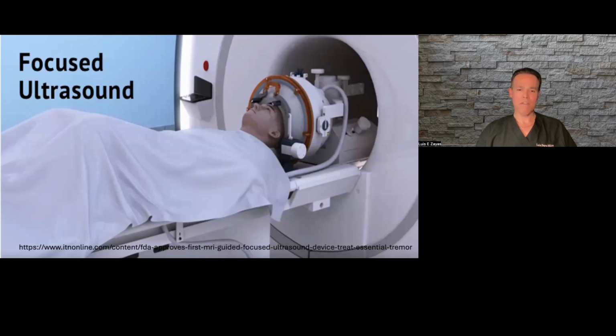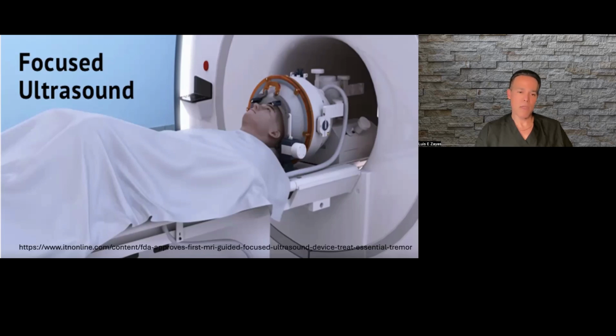And I have only a few patients with this procedure, and 2 of them are doing pretty well. And the other 2 ended up having deep brain stimulation anyway. So the side effects would be paresthesias, imbalance, dysarthria, which is a problem with the articulation of words, but it tends to be very effective.